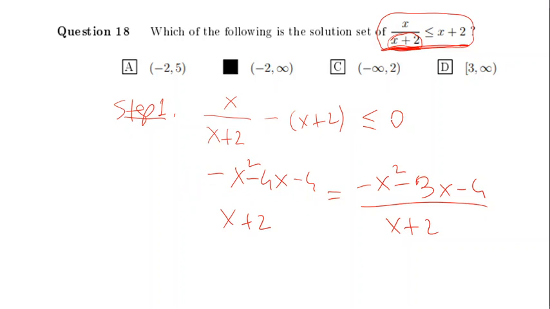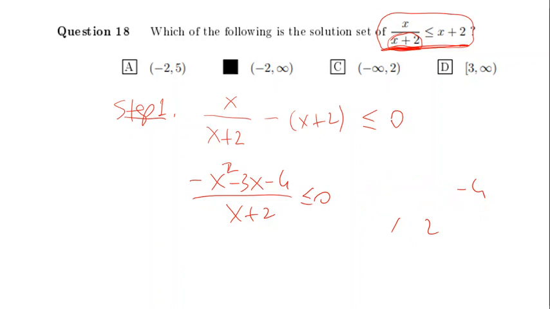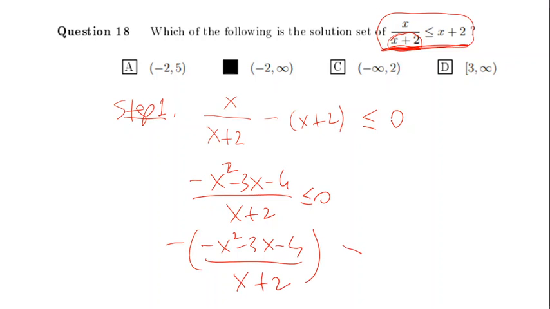Now if you don't want to deal with these negatives here, you can multiply both sides with negative, and it will change the direction of the inequality.